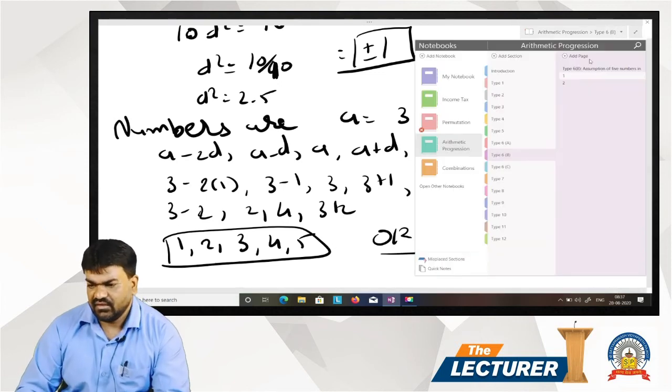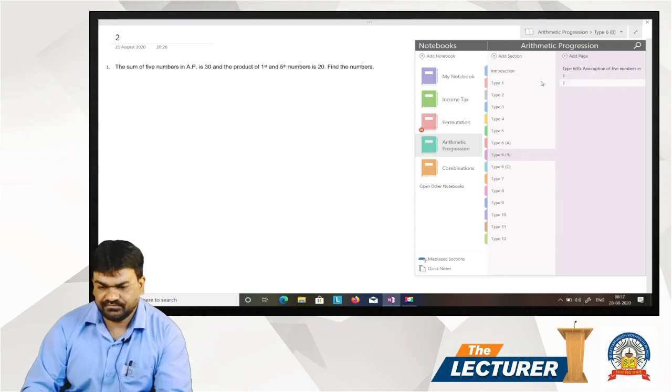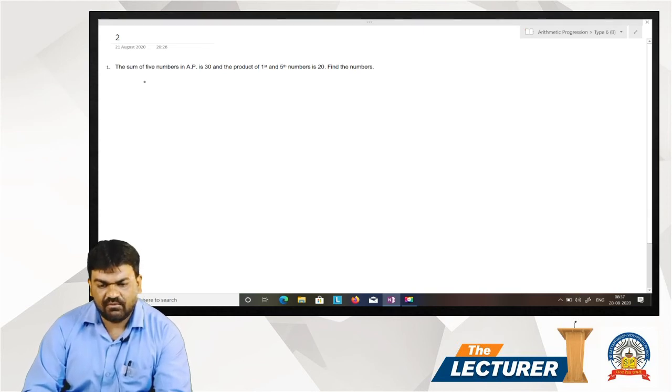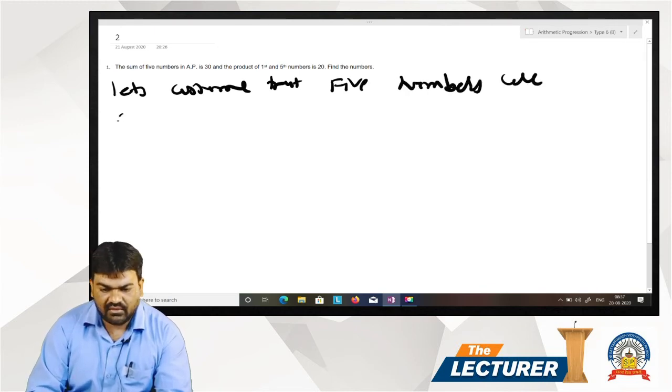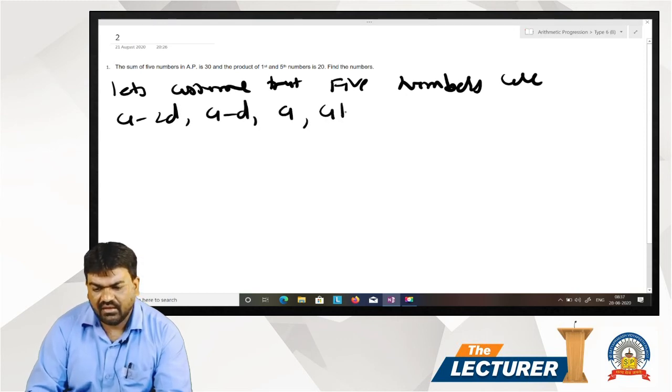Now next, example number 2. The sum of 5 numbers in AP, 5 numbers. Let's assume that the 5 numbers are a minus 2d, a minus d, a plus d, a plus 2d.